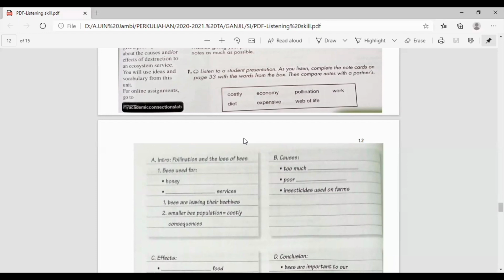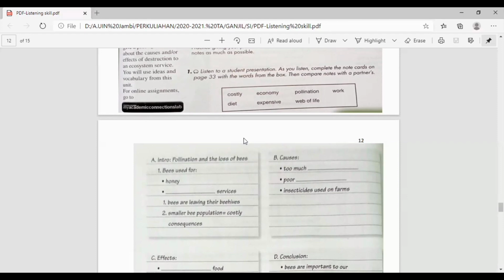What's happening, right? Why are there fewer bees? Well, experts are studying this. Any guesses? Well, first, just like all of us students, bees work too much and they have a poor diet. It's not natural. This can cause bees to get stressed and sick, just like with people. Finally, insecticides used on farms can hurt bees.